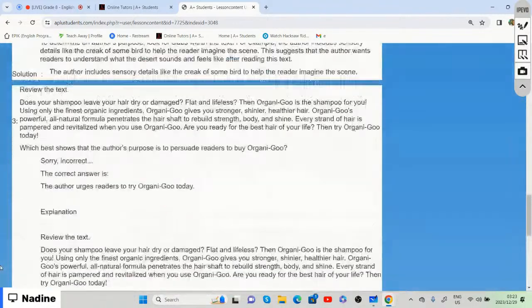All right, here we have another one. It says, does your shampoo leave your hair dry or damaged, flat and lifeless? Then Organic Goo is a shampoo for you. Using only the finest organic ingredients, Organic Goo gives you stronger, shinier, healthier hair.